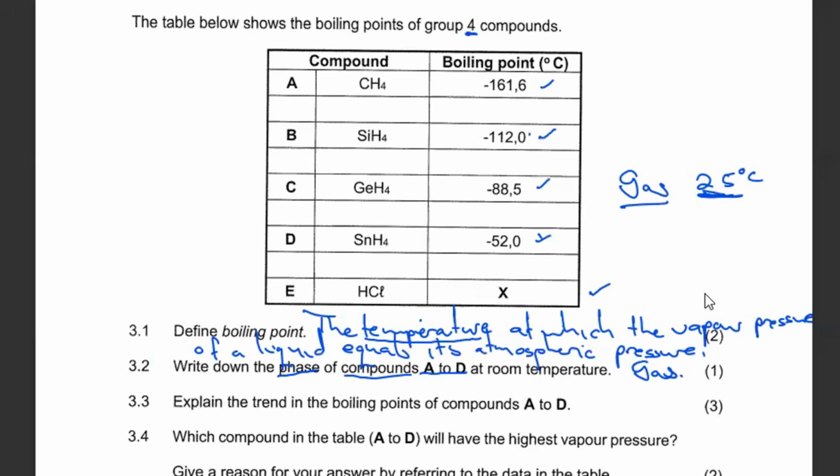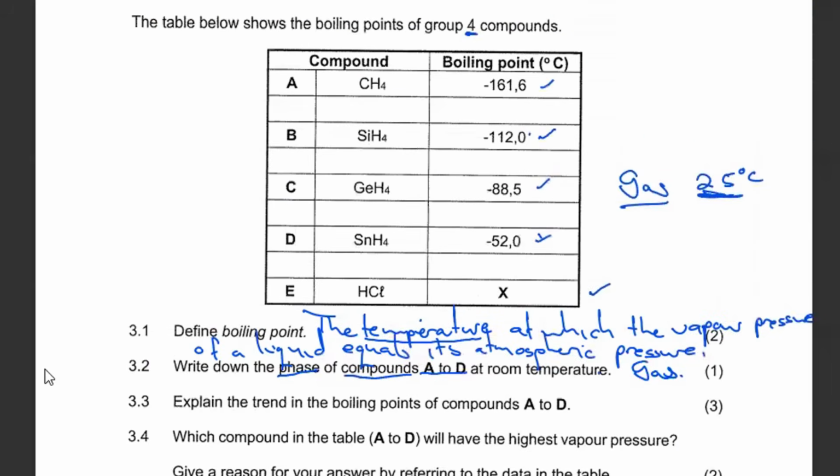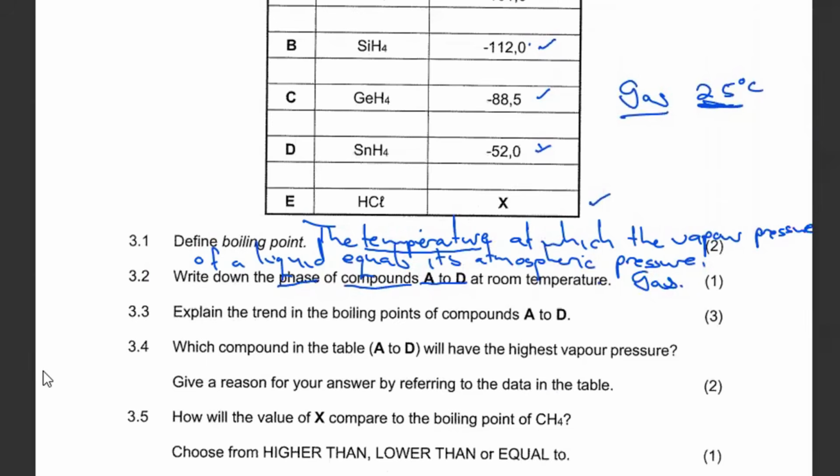Then 3.3: explain the trend in boiling points of compounds A to D. If we look at compounds A to D, there is generally an increase in the boiling point as you move from A to D. We can start with the molecular size.